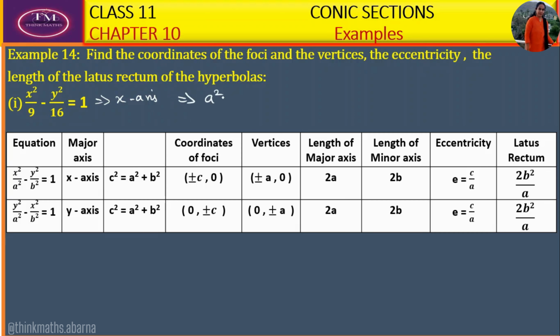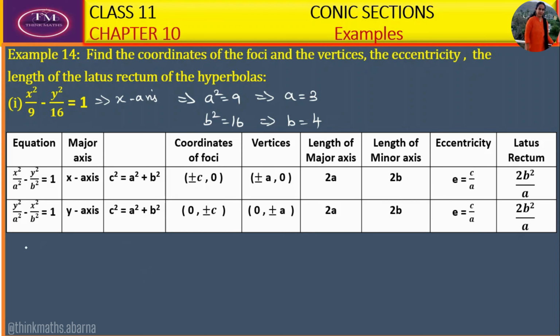That means a square equal to 9 and b square equal to 16. That means a is the length, so we can take the positive 3, and b is also a length, so we have to take the positive 4.